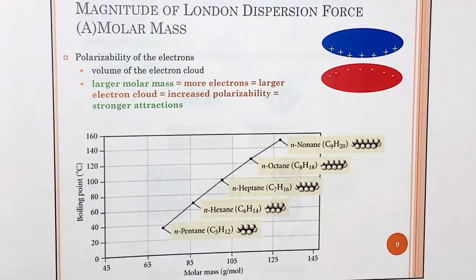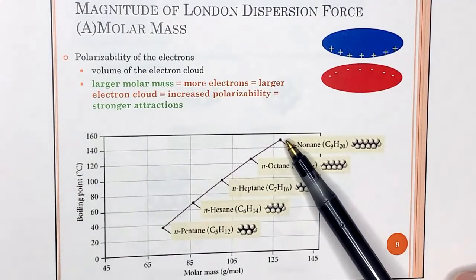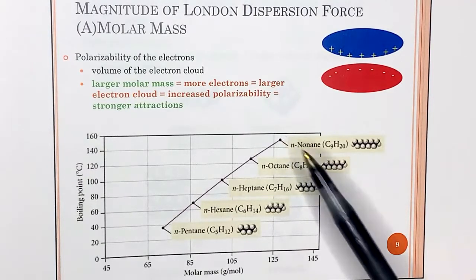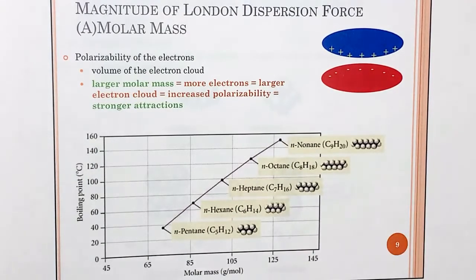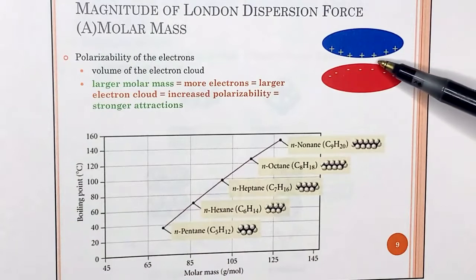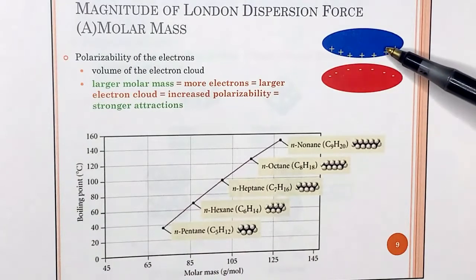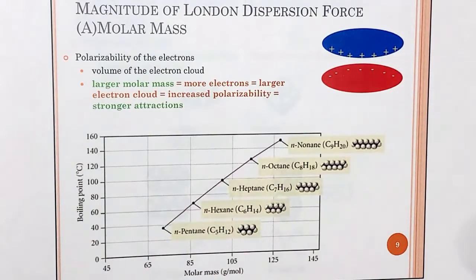Now, why do we say a higher boiling point means stronger intermolecular force? In this case, stronger London dispersion, because the London dispersion is what holds one molecule to another molecule. They line up, and the more electrons you have, the stronger the connection will be.